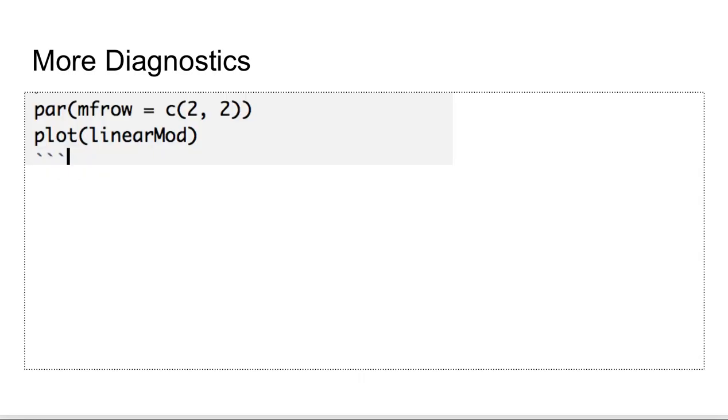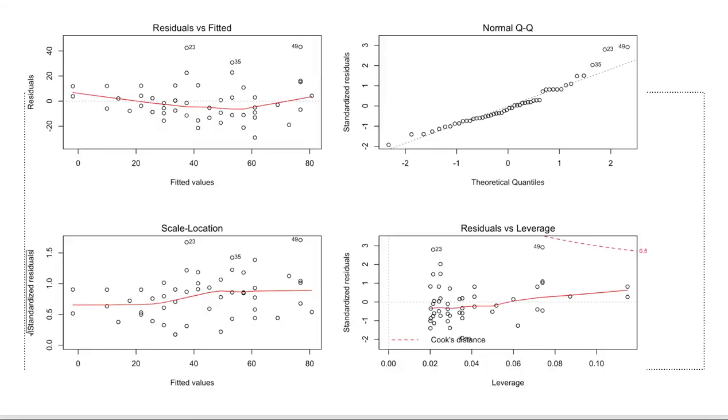So we want to do more diagnostics to check the assumption. Then this is my R code, and this is the output. There were 4 different images printed out, and for now we just look at the first one and the third one.